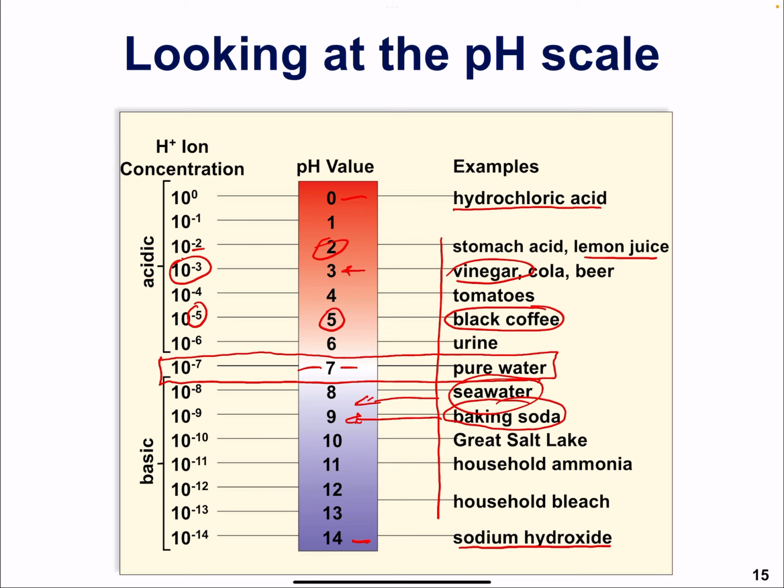Most of the chemical reactions that occur in our system require enzymes. Enzymes, which are proteins, function optimally at a certain pH. Consider, for instance, the stomach, which is extremely acidic, actually about 2.